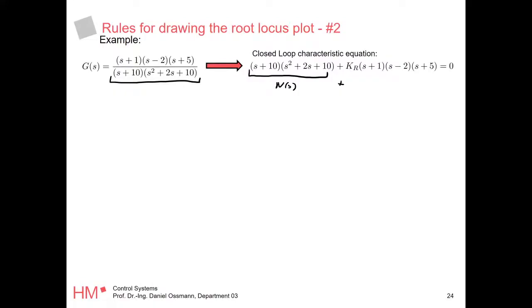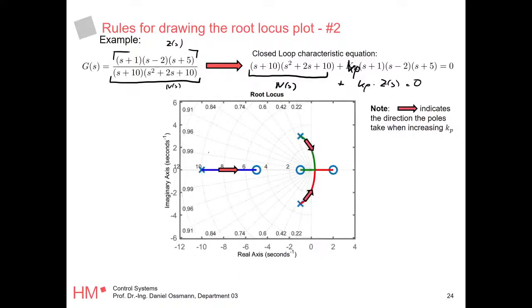As I told you, I tried to get it a little bit more uniform this semester. Kp times z of s equals 0, right? Z of s over n of s. Okay, and now if you draw the root locus plot, this guy moves into that zero and these two poles move into these two zeros.